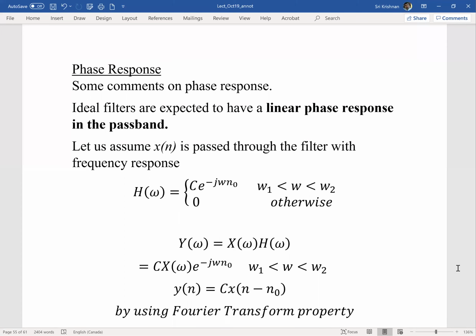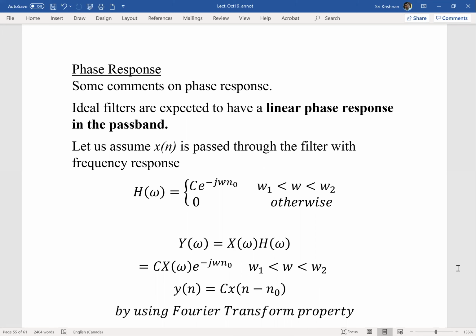It's just because it's very difficult to grasp any information extraction from the phase response. All we expect is that the phase response should have a linear response within the frequency range of interest. Okay, so if you have a frequency range that you're interested in, we expect within that frequency range, the filter to have a linear curve or a linear response, because it will have very minimal or no impact in the output that we are expecting.